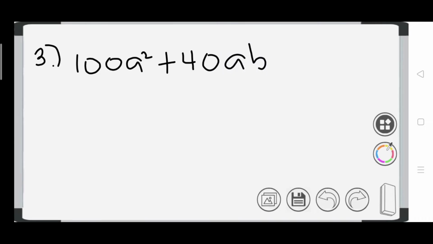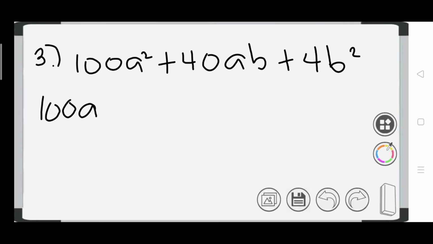Come on! Meron tayo ditong 100a squared plus 40ab plus 4b squared. Na, i-check muna natin. First term is a perfect square.